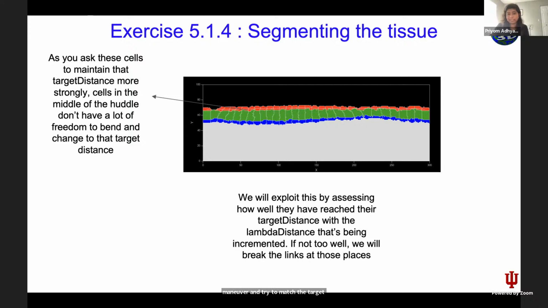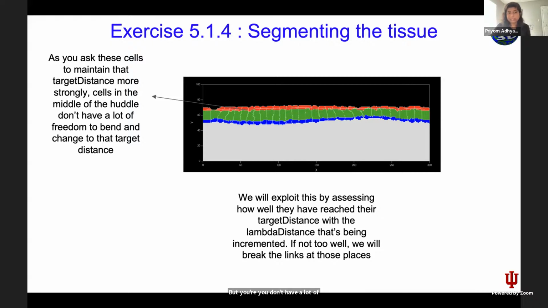But if you're a cell in the middle, you don't have a lot of room to wriggle around and meet that required target distance. You can try increasing the length of that apical compartment and try to minimize that width, but you don't have a lot of choice.